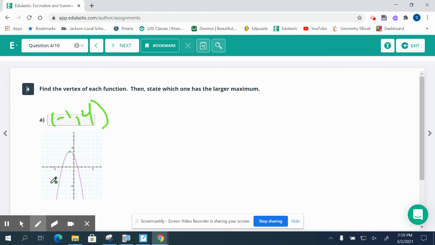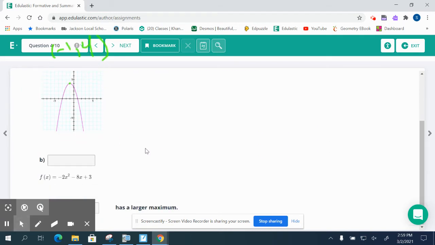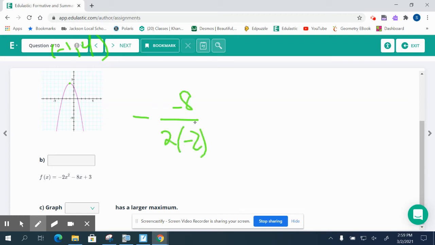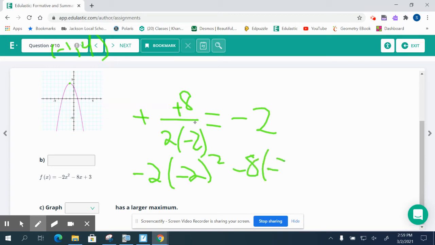For the next part, though, you have to use negative b over 2a to figure that out. So negative b, negative 8, over 2 times a, which is negative 4. I think we did a question like this, just it had a different c. So those negatives cancel, and you're left with negative 2. Then you plug negative 2 back in for x. So negative 2 squared, minus 8 times negative 2, plus 3.